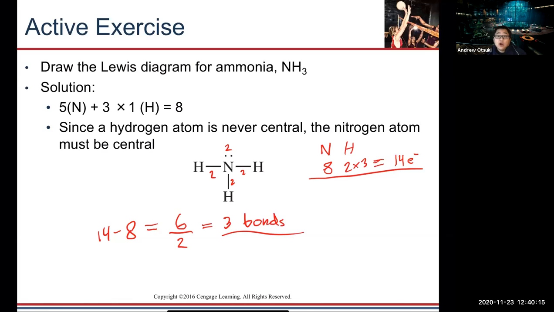So our ideal structure should have 3 bonds in it. And the only way we can have 3 bonds is if nitrogen is bonded to 3 hydrogen atoms, like so. And that's why we get our ideal structure here. So that is a tip I suggest you use because it'll save you time deciding where to connect the atoms. But usually you can use process of elimination to figure out the final structure.